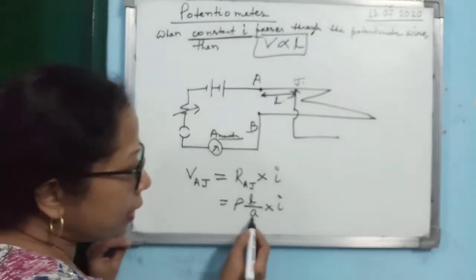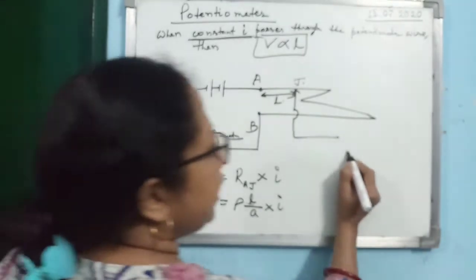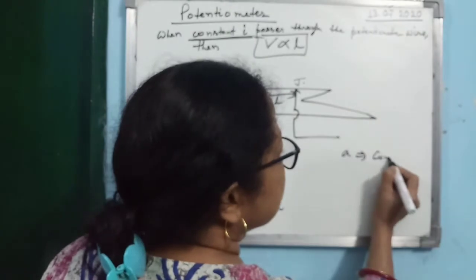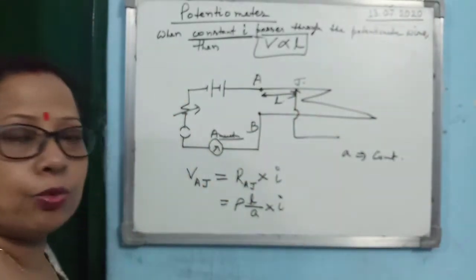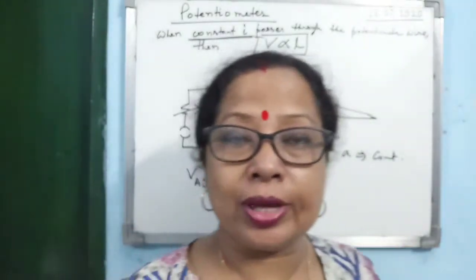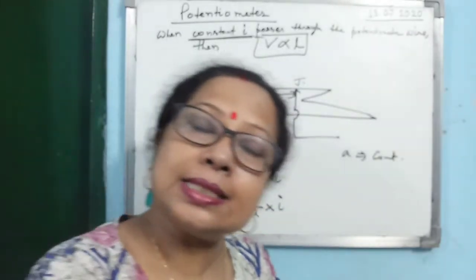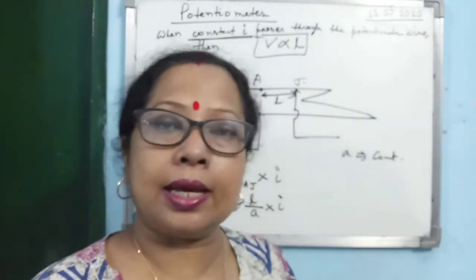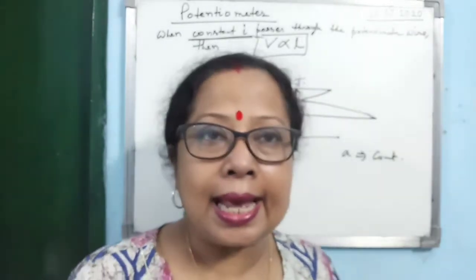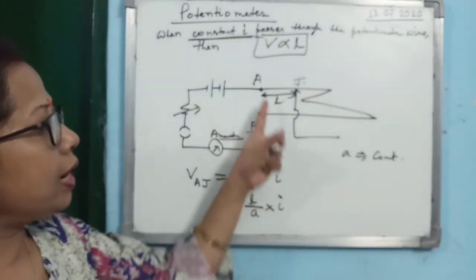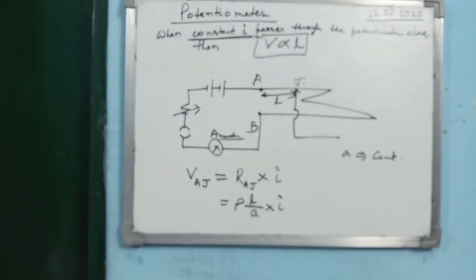But what about A, the cross sectional area? A is constant, because we are not making the potentiometer string thin or thick. This is the same string only, continuously connected between A and B. So we are not considering that the cross sectional area is changing. So A is constant.